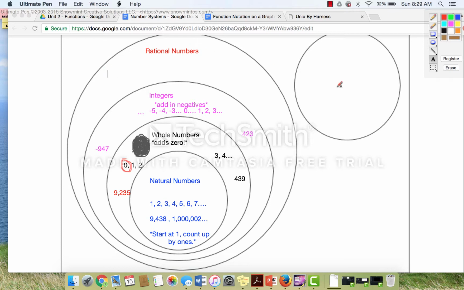So if you have 3, that's like 3.0, 4, 5, 6, all of those counting up. 0 is still in here. -4, -3, -2, all still in here. And now I get like 9.25 or 3.12 or 6.84. I can also do it as a fraction.